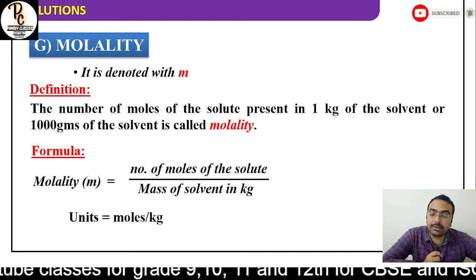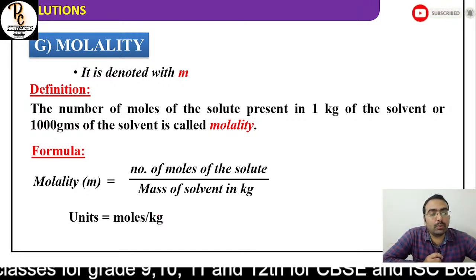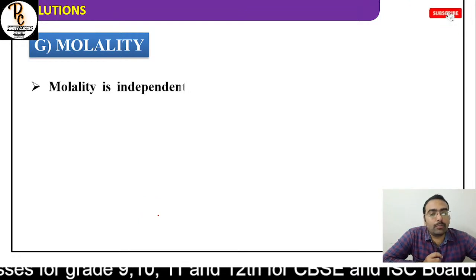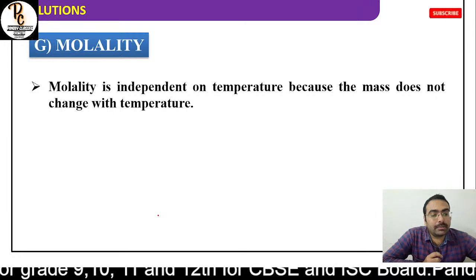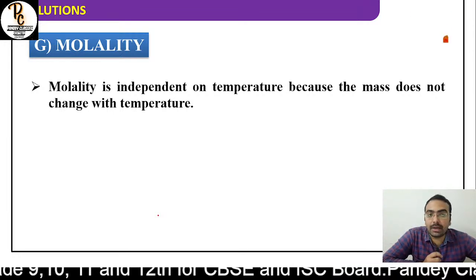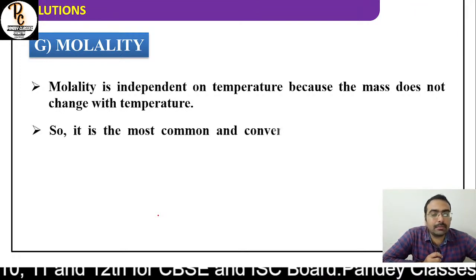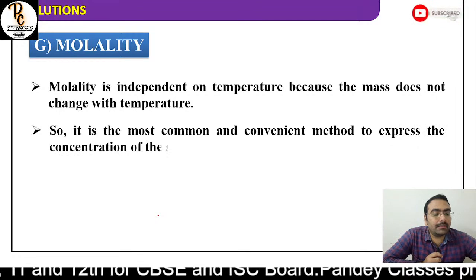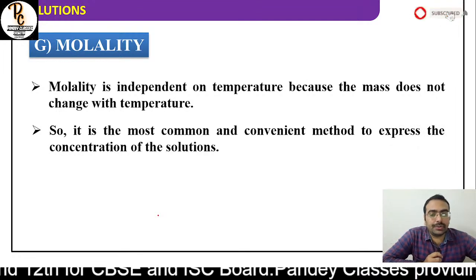In molarity, what had we discussed? It was moles per liter. So here we have moles per kg. Molality is independent of temperature because the mass does not change with temperature. Mass remains constant. So it is the most common and convenient method to express the concentration of the solution.